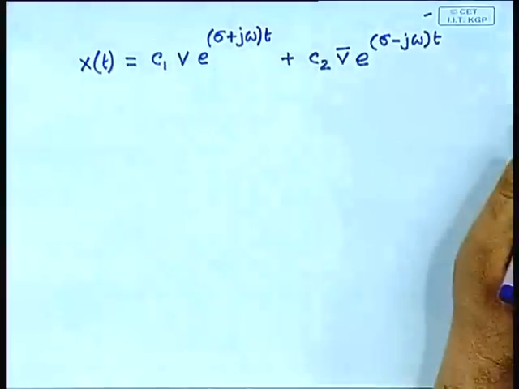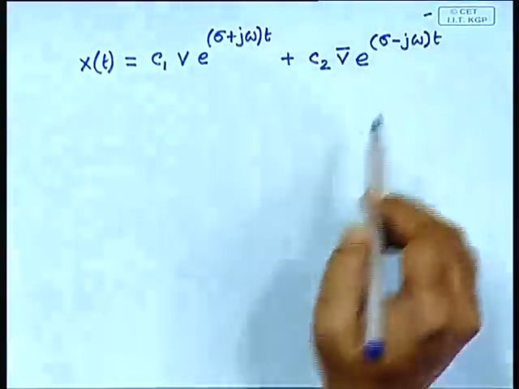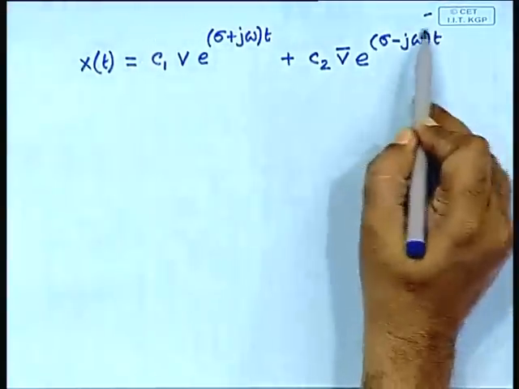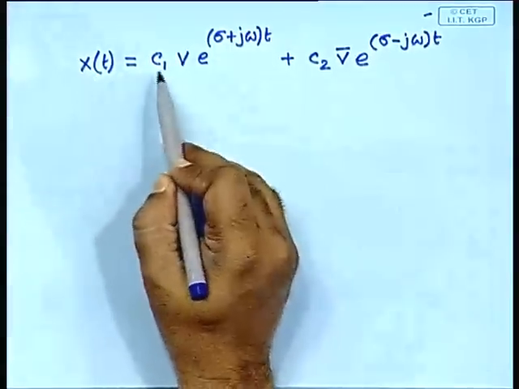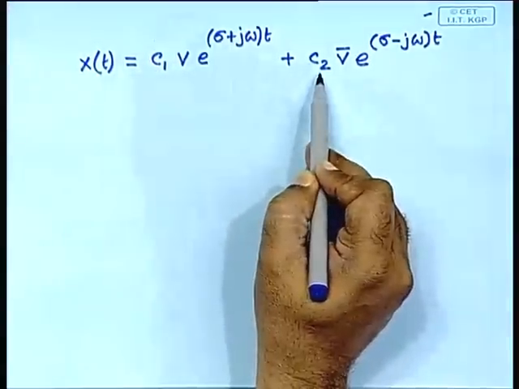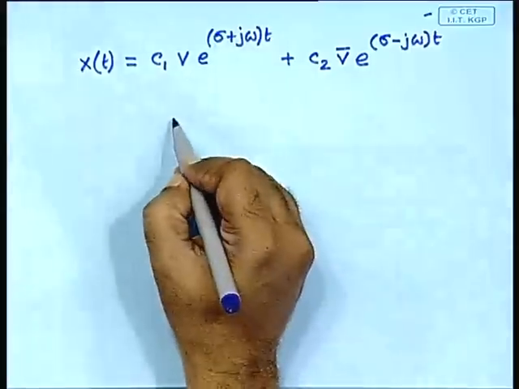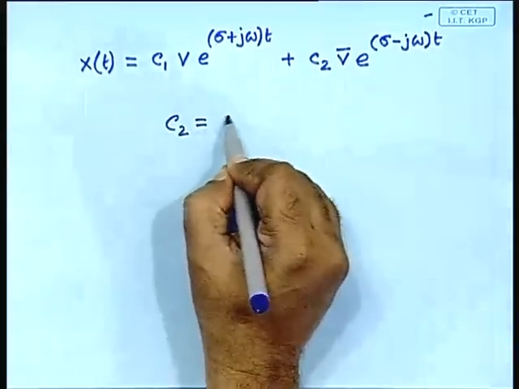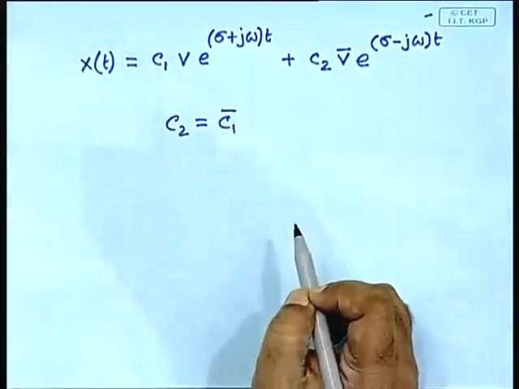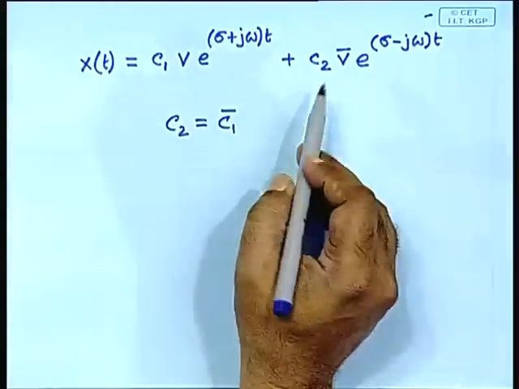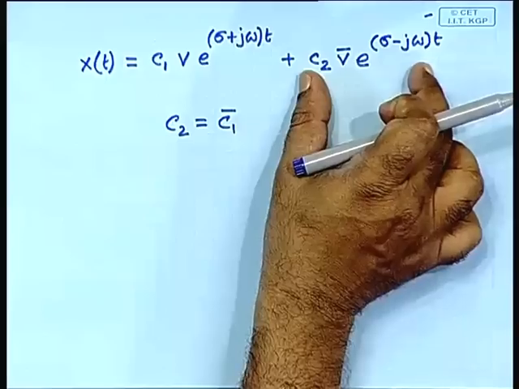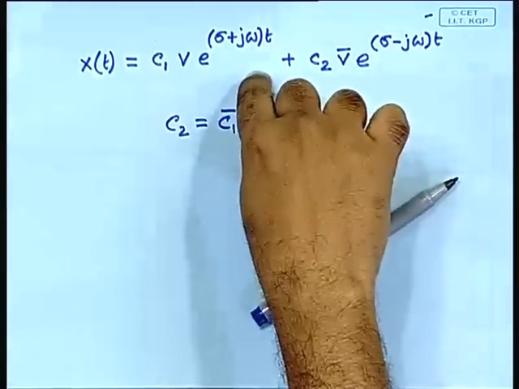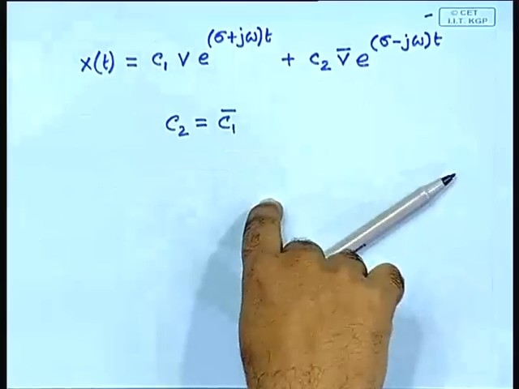Now, we said that this right hand side in general will be complex, but the left hand side must be real, which is true only if C1 and C2 are also complex conjugates of each other. So, C2 actually is C1 bar. Then the two real parts are the same, and the imaginary parts are one in the positive direction, one in the negative direction.